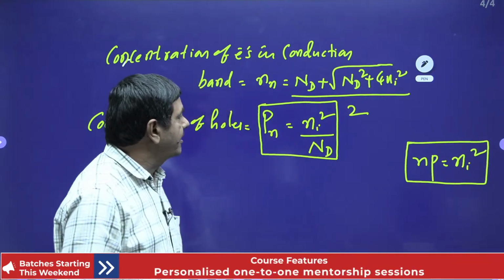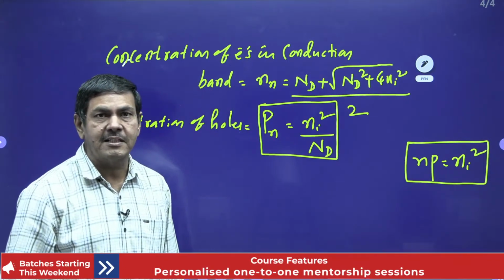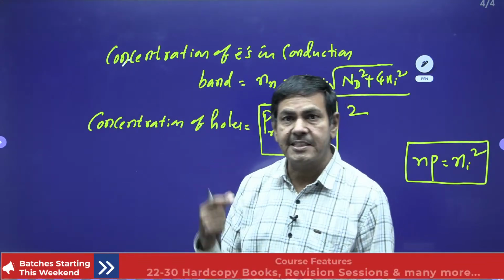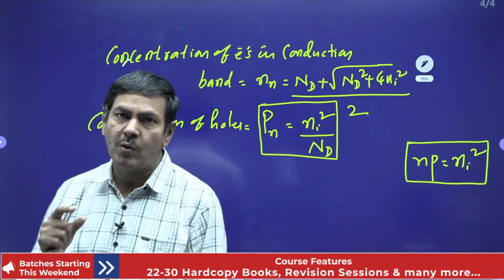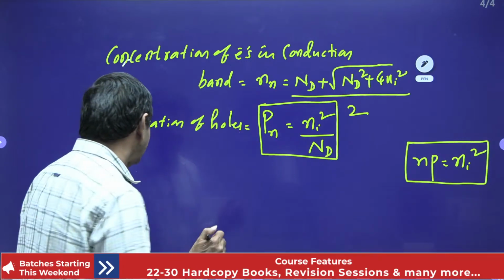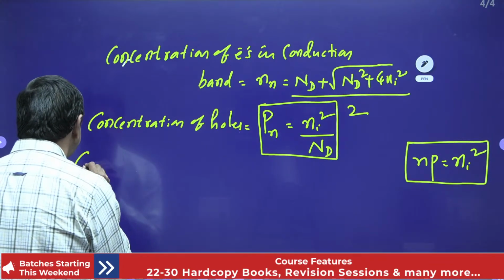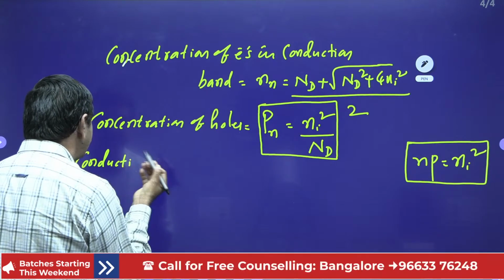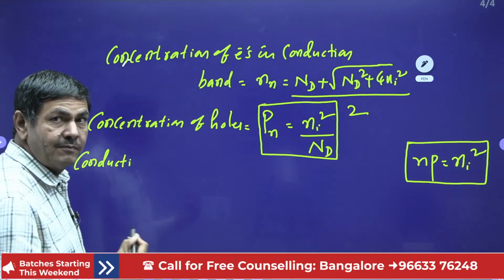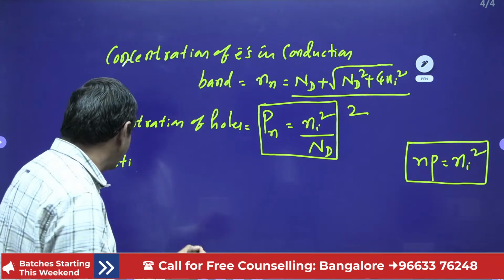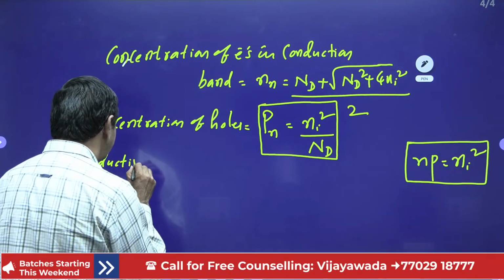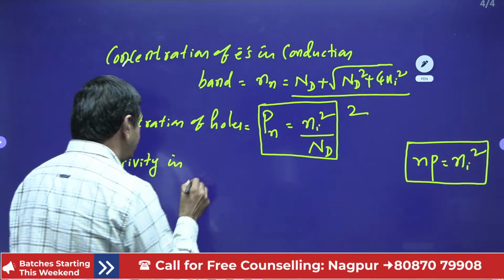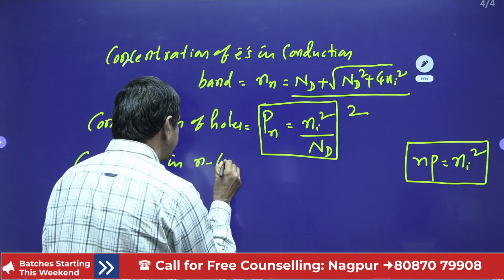Once we get the concentration of electrons and concentration of holes, we can determine conductivity in n-type extrinsic semiconductor also. How will that be determined? You watch it now. These are all the basics, very important to learn well about the p-n junction diode. Understand now. Conductivity in n-type extrinsic semiconductor.